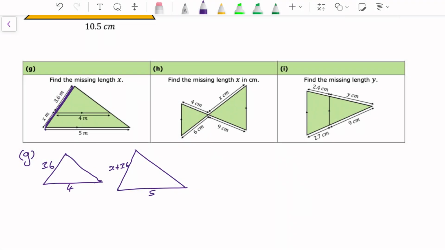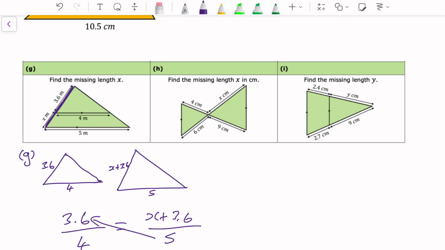Now, I want to show you we could actually solve this a different way, using the fact that since these are similar triangles, 3.6 over 4 should be in the same ratio as x plus 3.6 over 5. So in that case, you would then multiply by 5 and then subtract 3.6, and we end up getting the same answer.